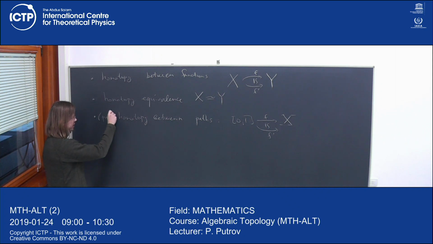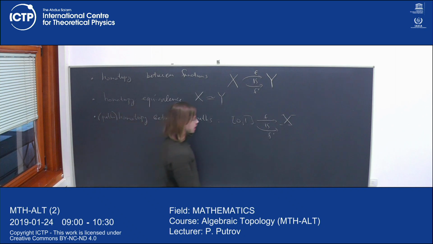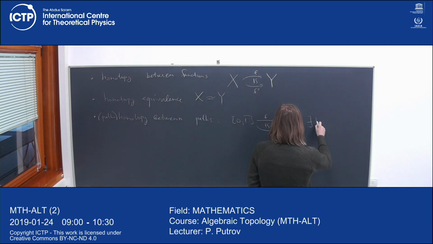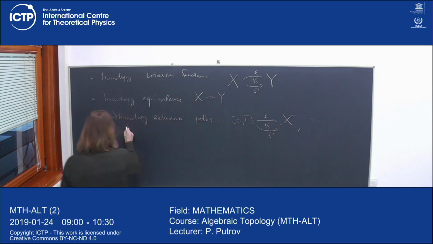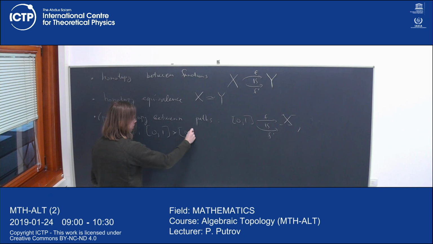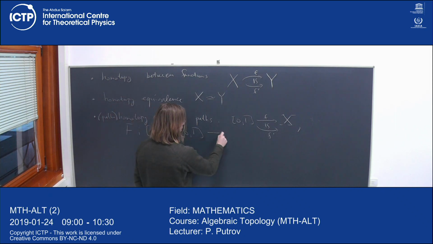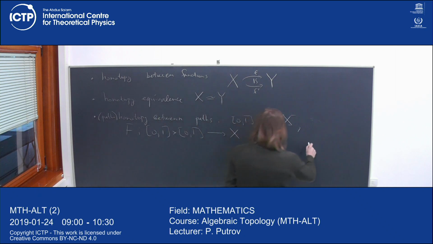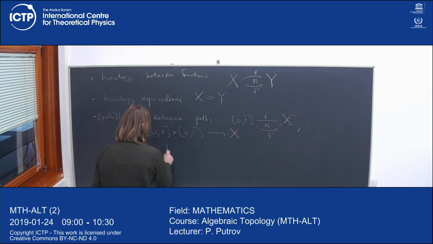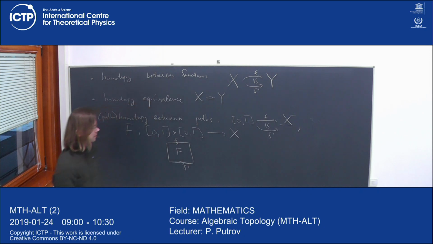If one wants, one can explicitly say this is a path homotopy, if there exists a homotopy, a function from the square to X, which one can depict schematically as follows. So this is F, and here it restricts to path f, and here it restricts to path f prime.